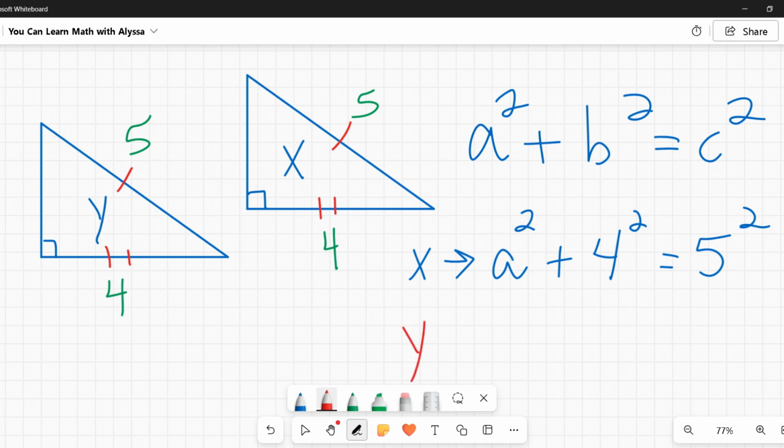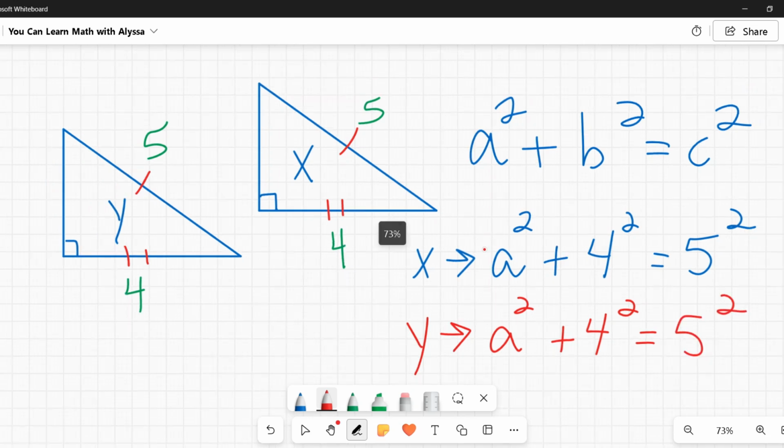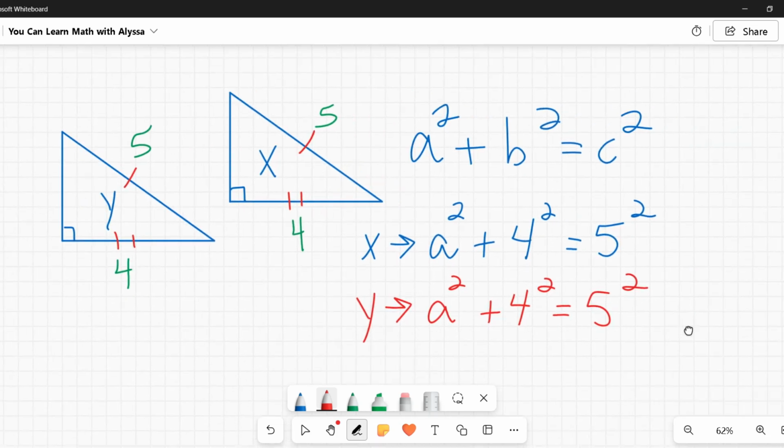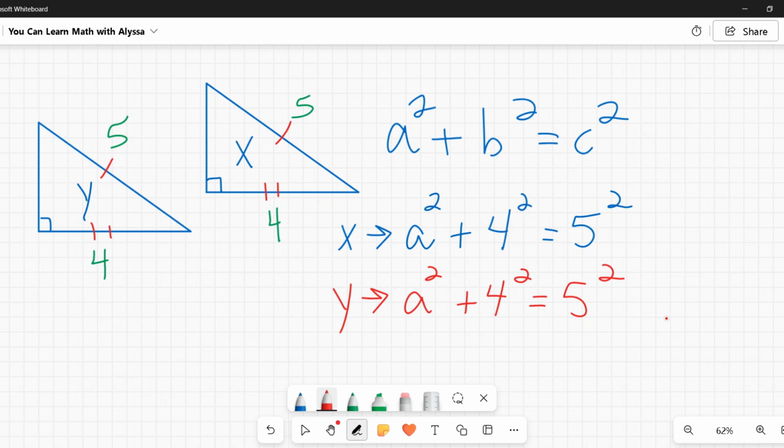Now triangle Y, I have that unknown side, then I have that other side that is 4, then I have the hypotenuse, that is 5. Now if you just look at these without doing the math, I think you can see where we're heading here. I have a side plus 4 squared equals 5 squared. Here I have another side plus 4 squared equals 5 squared. Is there any way that those sides can be different?